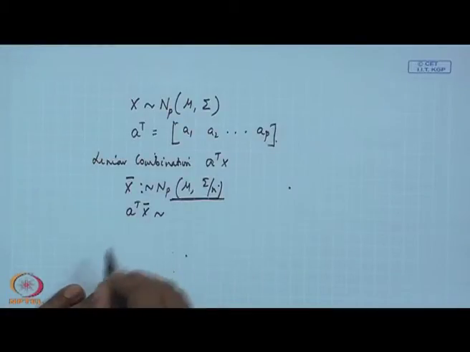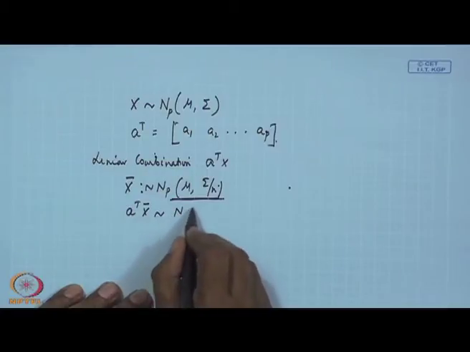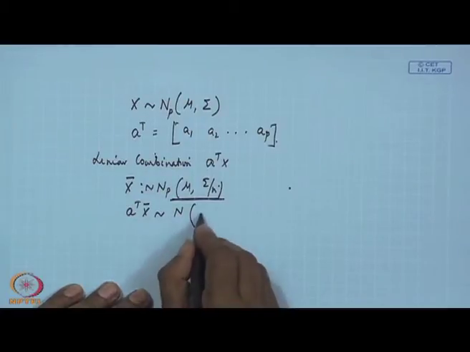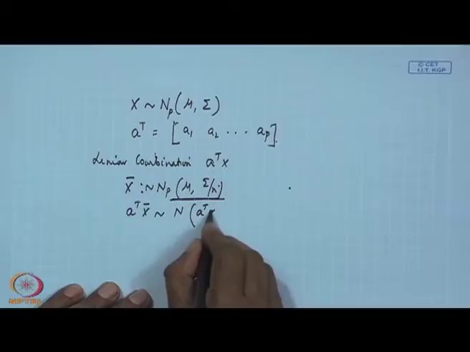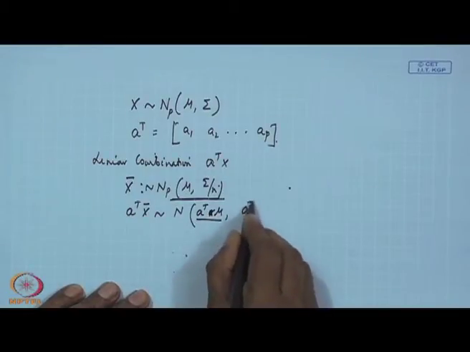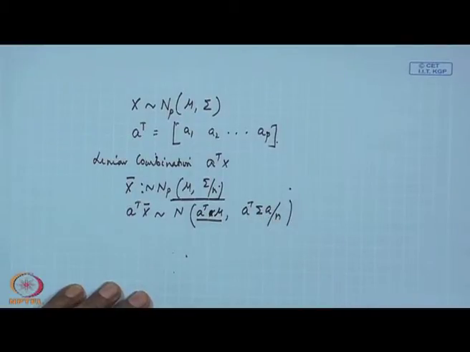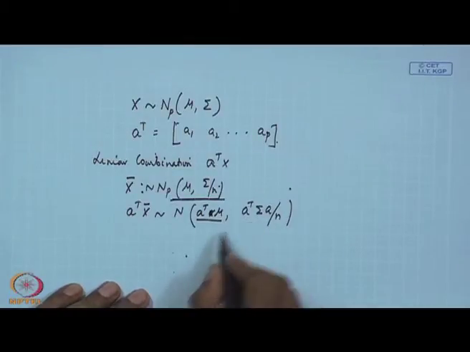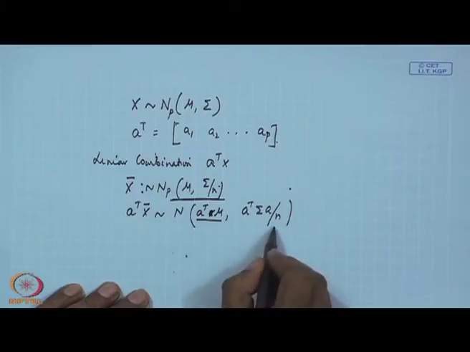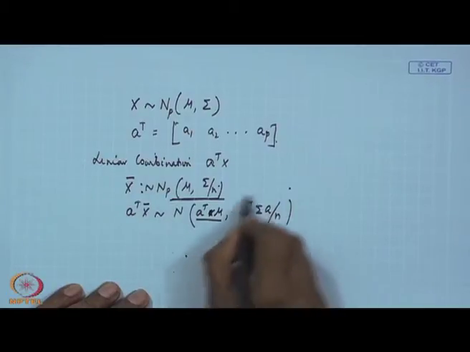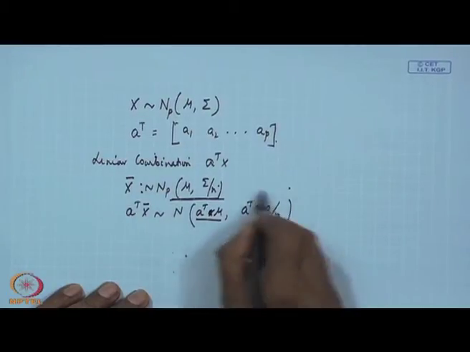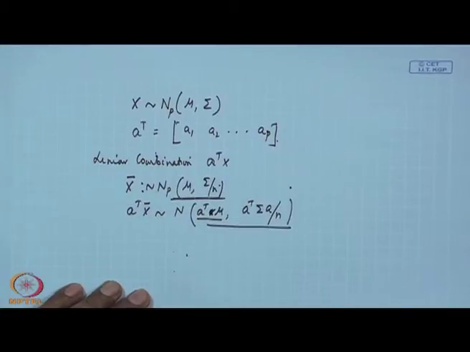Then A transpose X bar will be univariate normal with mean A transpose mu and variance A transpose sigma A by n. Why variance? Because it is univariate, this quantity is 1 cross 1.